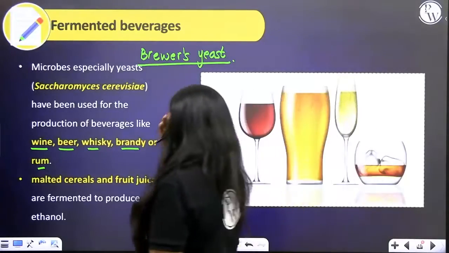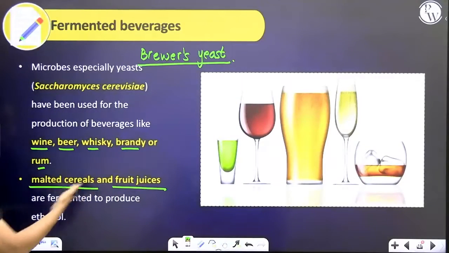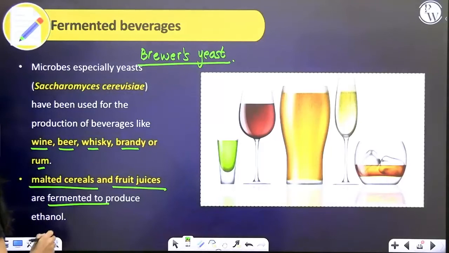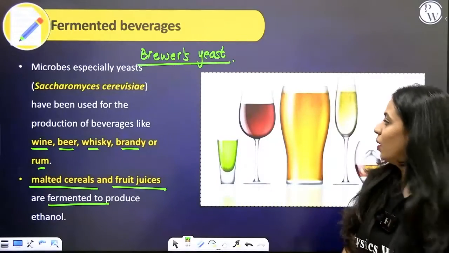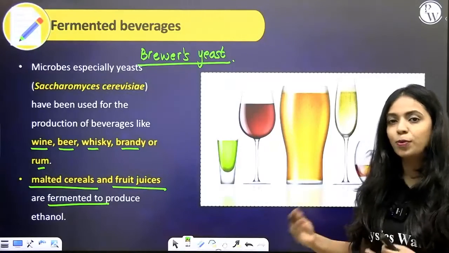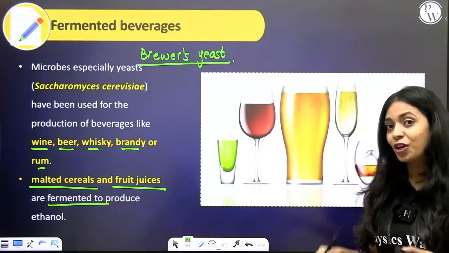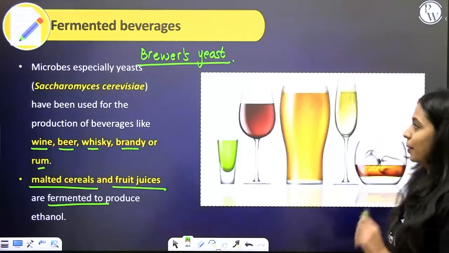Malted cereals and fruit juices are used to ferment and produce alcohol. I think barley is also used in the production of beer. So the substrate will differ, the microbe is the same, the product is different. It tastes different depending upon the substrate that these microbes are acting upon and fermenting, right?